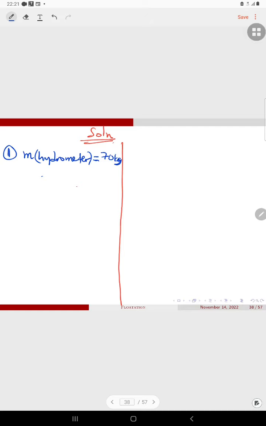We are also given the cross-sectional area of the hydrometer as 3.2 meters squared. We are given the length of the submerged part of the hydrometer in engine oil. I can call that LO, length of the submerged part.